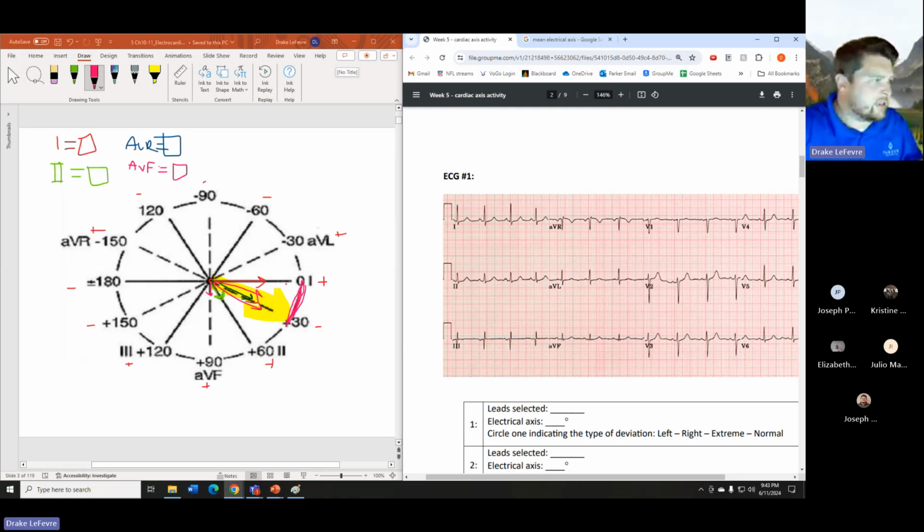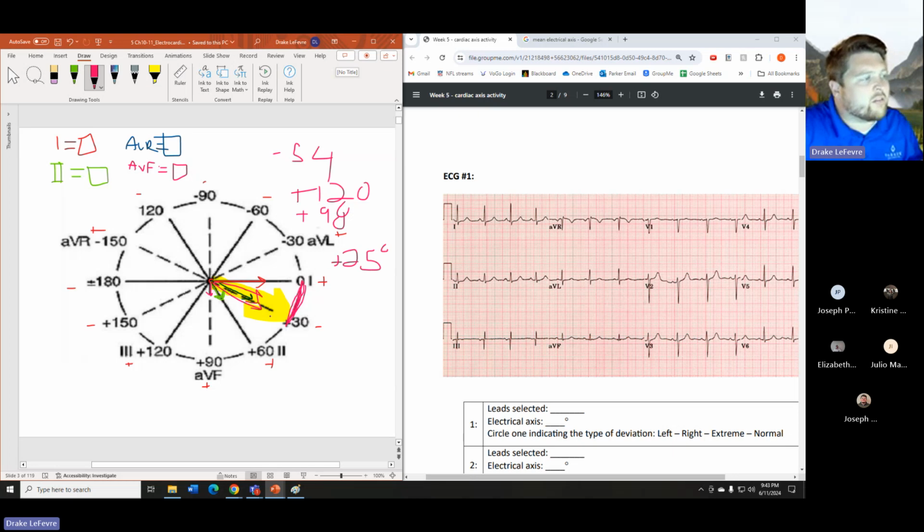So when this would be a multiple choice test, answer choices that he would give you would be like negative 54, positive 120, positive 98, or positive 25 degrees. And of all of those choices, positive 25 fits within our range.